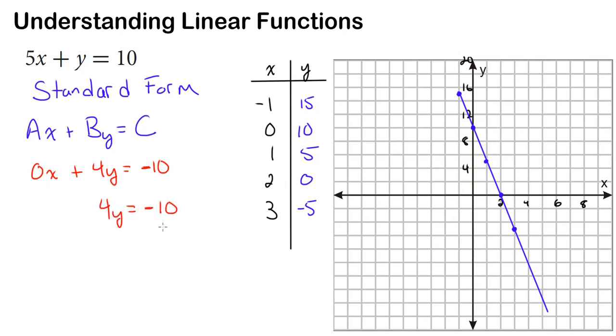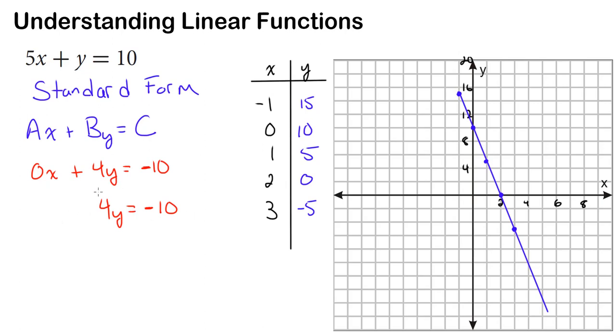Even though it looks like it's missing a piece, this equation is in standard form. This 4 is my b value, and this negative 10 is my c value. The reason why we don't see x is because a is 0, but this is still in standard form.